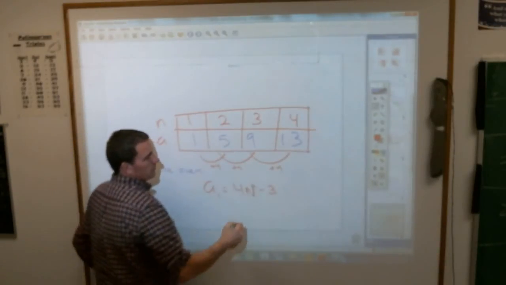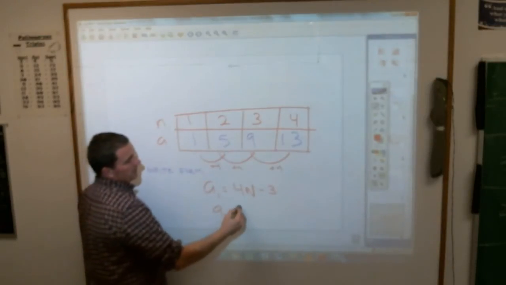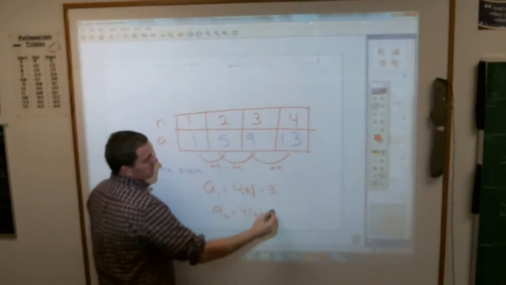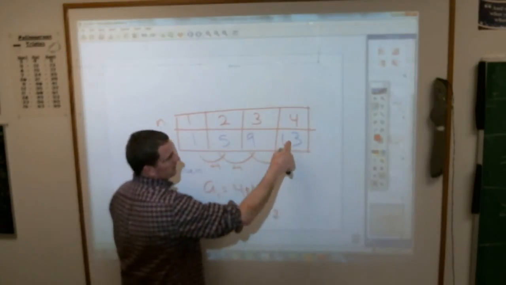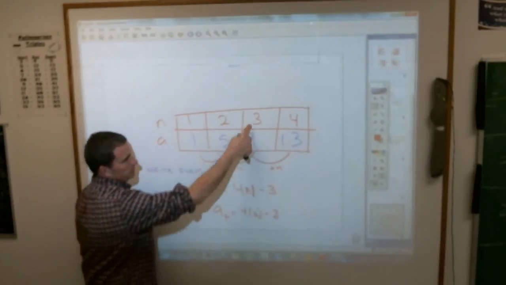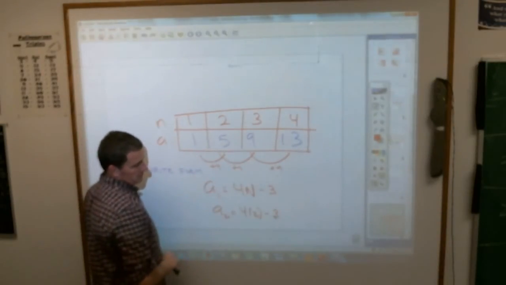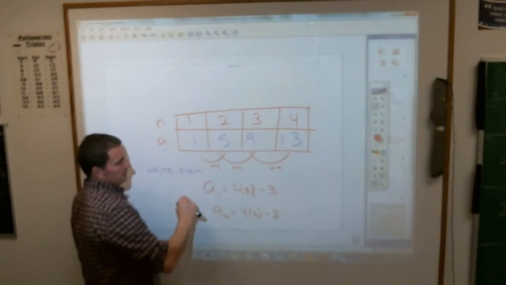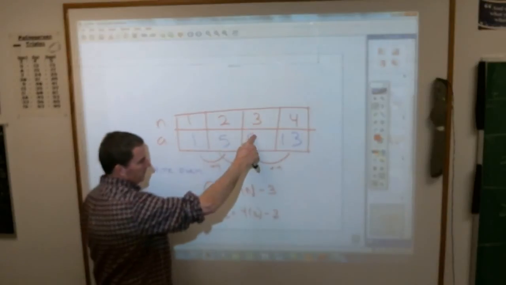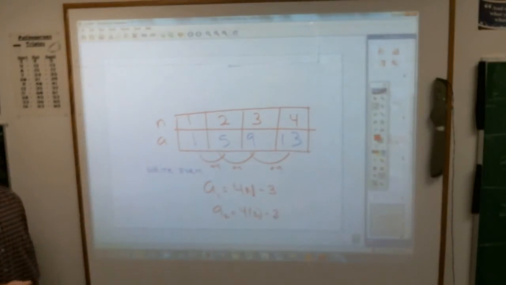Does that work for all of them? If I do the second term, 4 times 2 minus 3, does that give me this? Yeah. If I do that to the third term, 4 times 3 is 12, minus 3 is 9. Yeah, got that there. So you just have to keep that in mind.